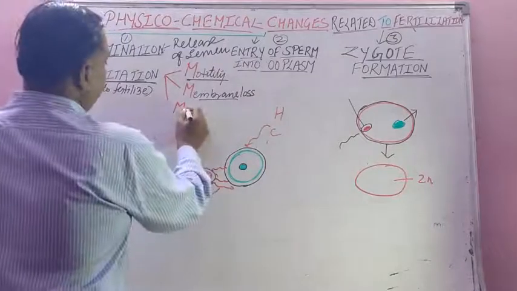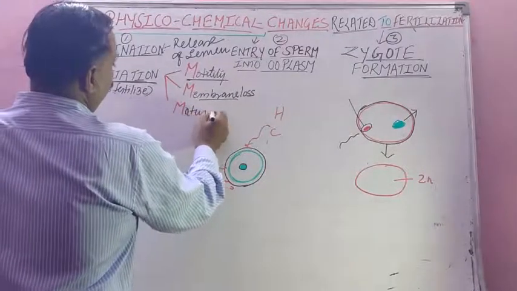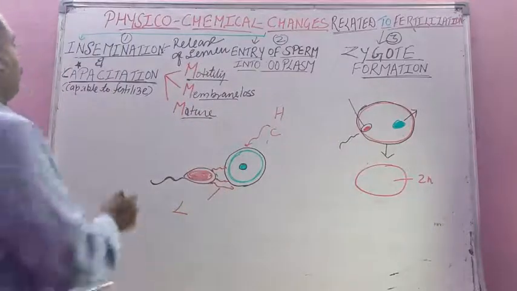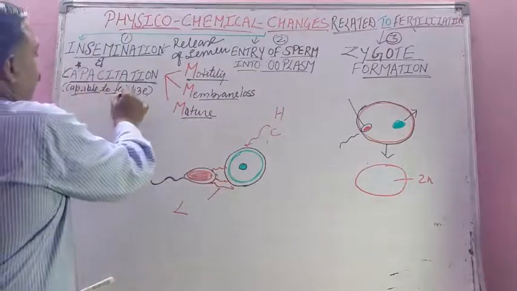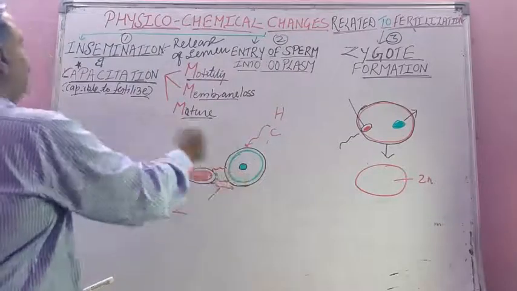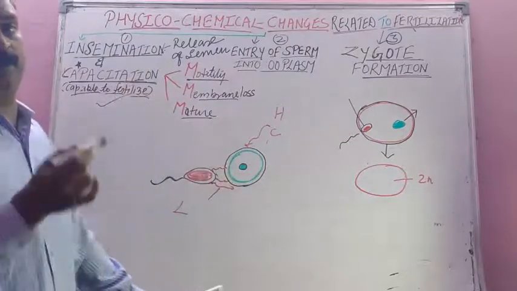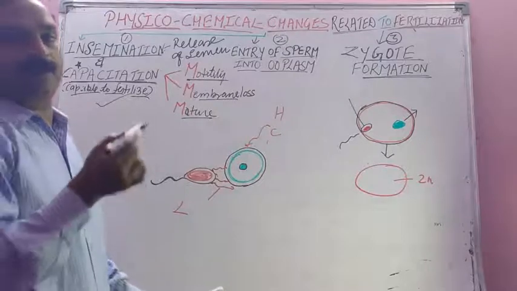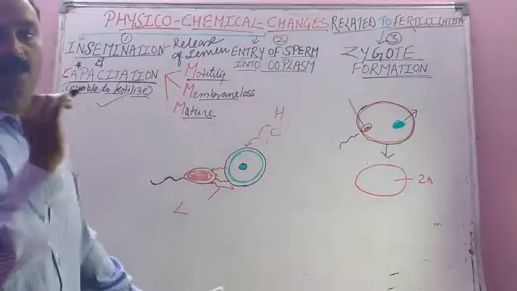And third M is maturation. It becomes mature. In this way, it becomes capable to fertilize the ovum. That is called capacitation, student. Very important. Capacitation means sperm become capable to fertilize the ovum.